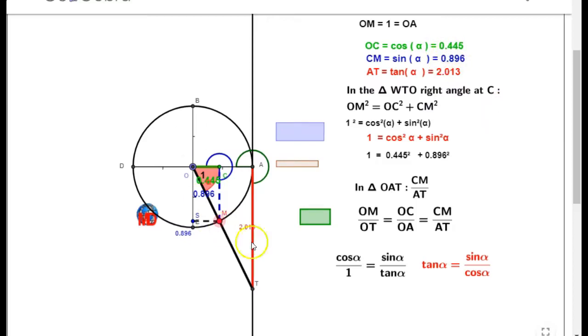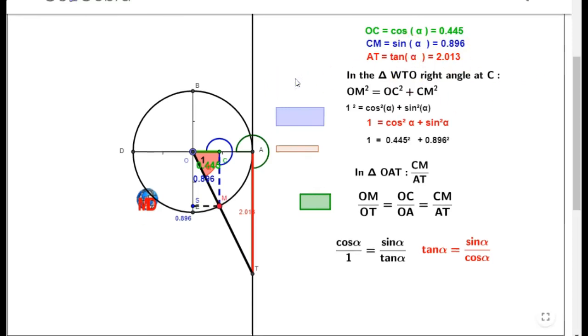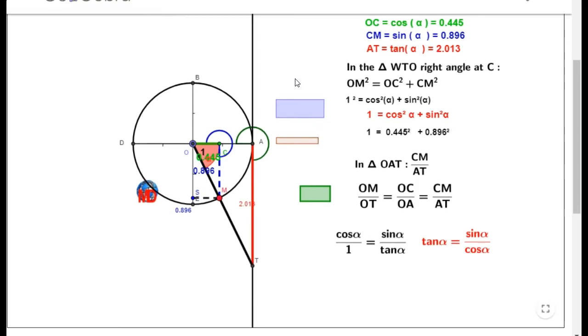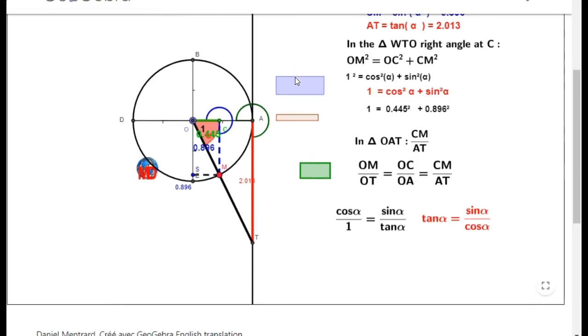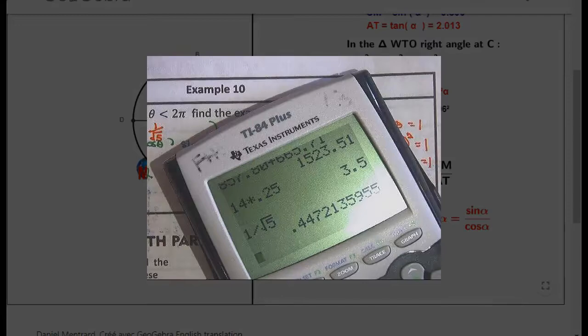But mine isn't exactly at 2. Notice my tangent's a little off, so my answer for cosine's a little off. I don't think I can get that closer. Nope. All right. But pretty close to what we predicted using the applet.